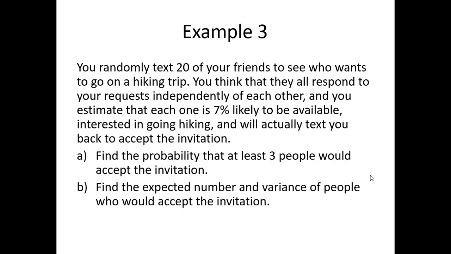So in other words, a 7% chance they will say yes. You're asked to find the probability that at least 3 people would accept the invitation and find the expected number and variance of people who would accept the invitation.